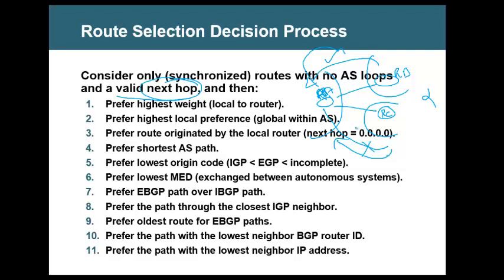Then what happens? RA will decide to take the RB path as the best path. And only that path will BGP recommend to the routing table in router A.